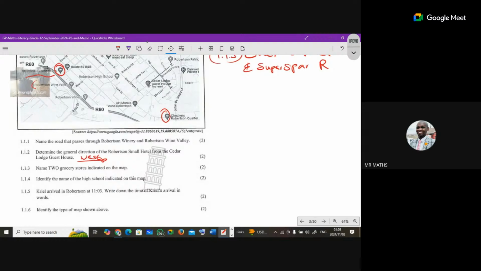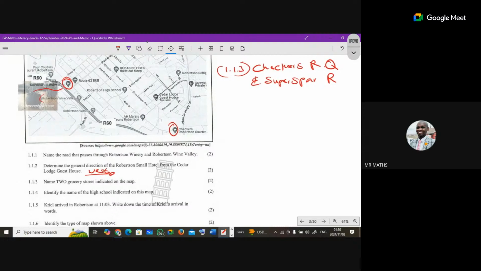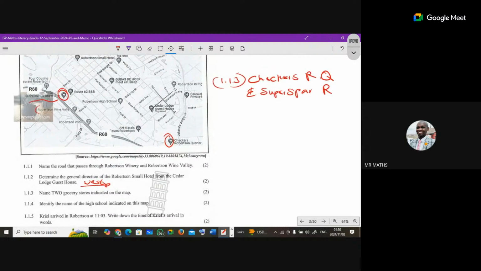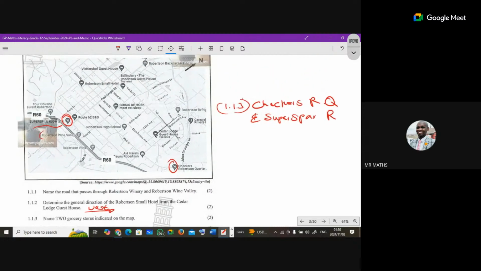Okay, then we move on to 1.1.4. Identify the name of the high school indicated on this map. So to identify the name of the high school, you will look for something that shows a school. You can see other balloons are having beds, you see.